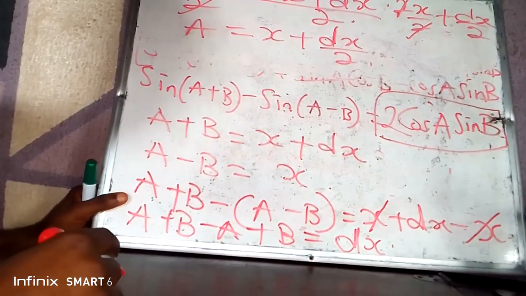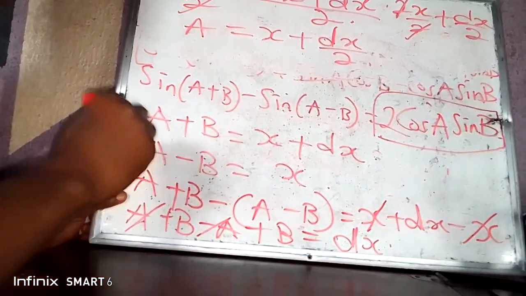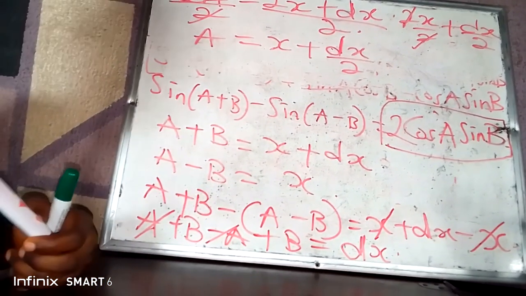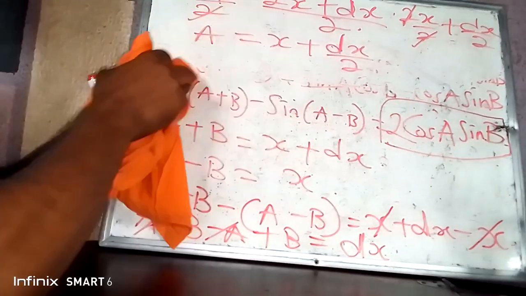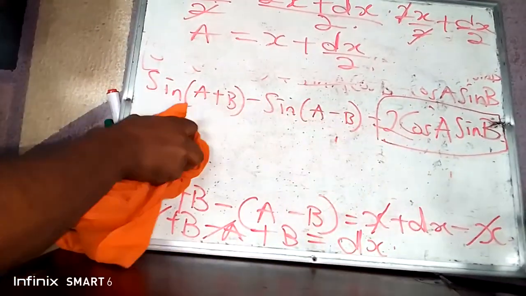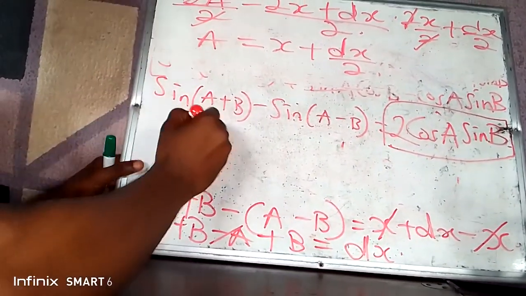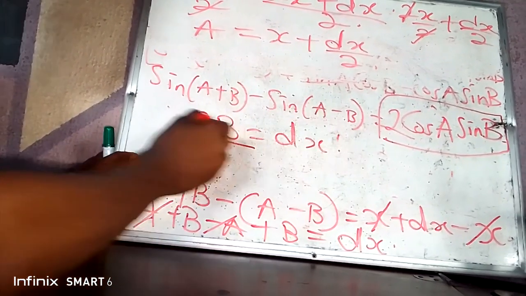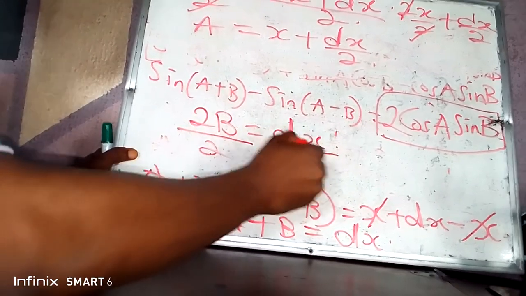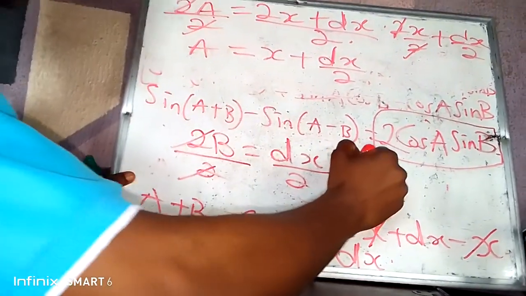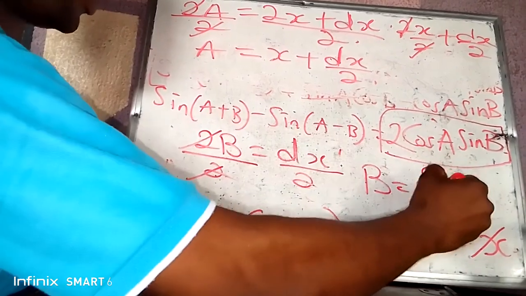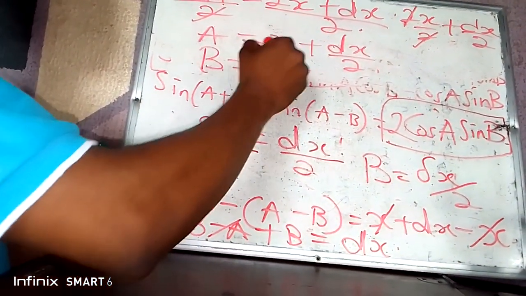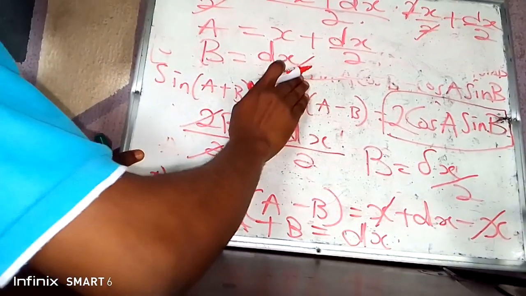So minus a cancels plus a. That will be b plus b, that is 2b equals dx. If I say all over 2, all over 2, that means b equals dx all over 2.